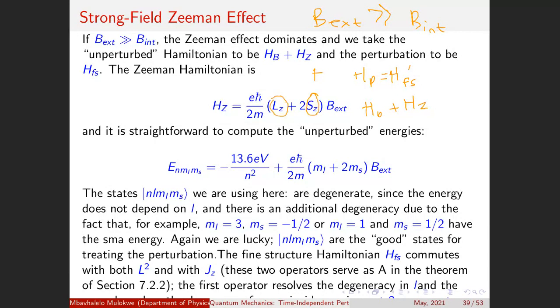So this is part of your H0. The states that we have to use will be n, l, m_l, and m_s. If these are good quantum numbers, then once you diagonalize, this gives you m_s and this gives you m_s and m_l.